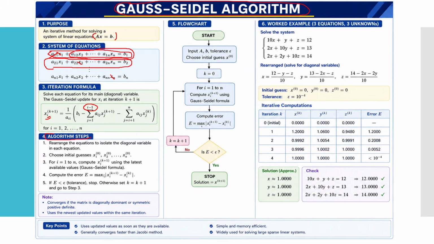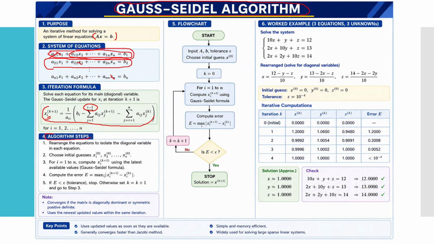So we arrange them to obtain the diagonal variable as a function of the other variables. When we are using Gauss-Seidel, we arrange our equations to make it easy to substitute the other variables for the calculation. This equation is used for that purpose.